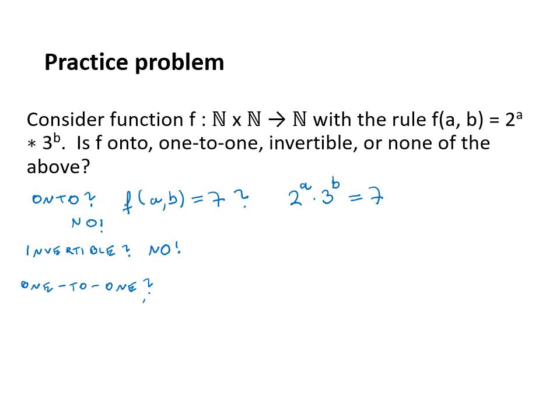Here we have to show that there are no elements in the codomain to which two or more elements from the domain map. Let me think about this one.